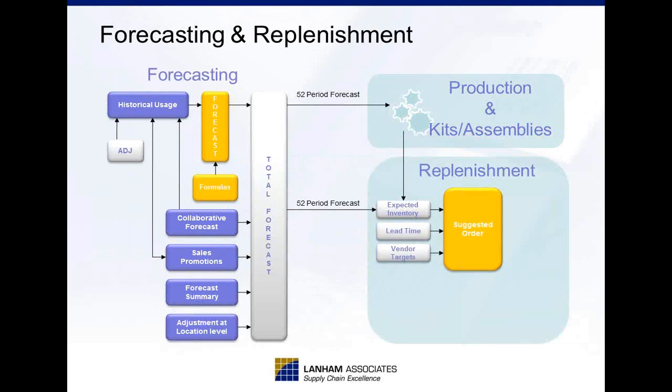We also look at, are there what's called vendor targets? When I'm buying from this vendor, do I have to meet certain minimums and certain requirements? So I look out there and I say, okay, what is my minimums that I need to meet? Do I need to fill a container if I'm buying from overseas? Do I need to fill a certain dollar amount?